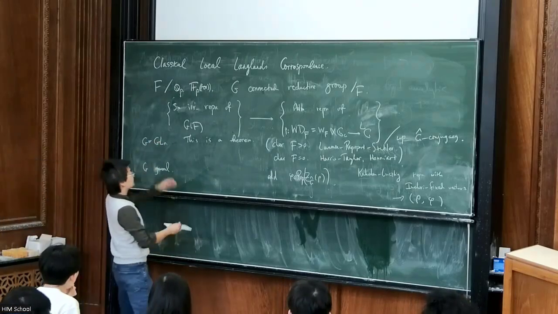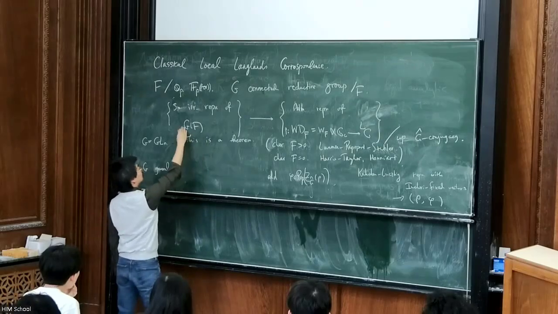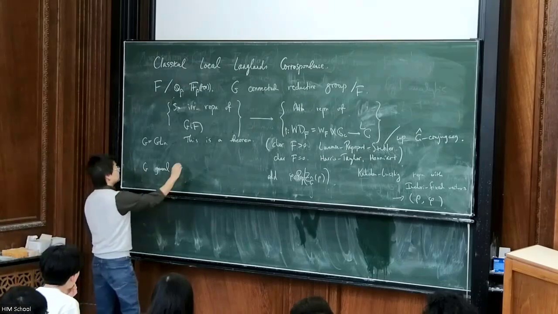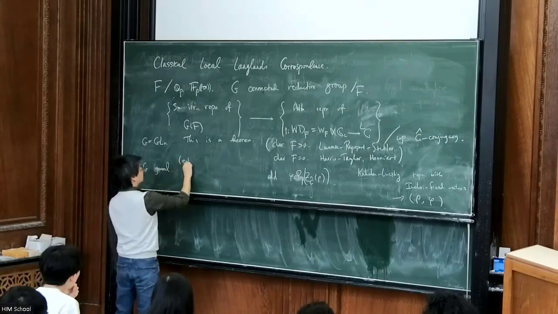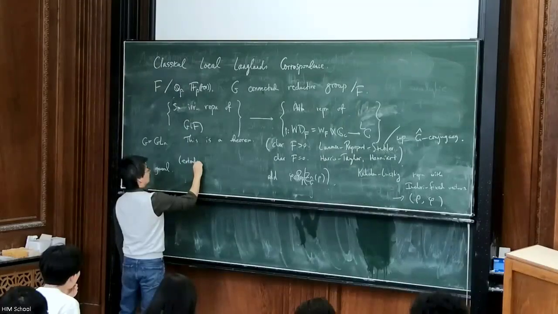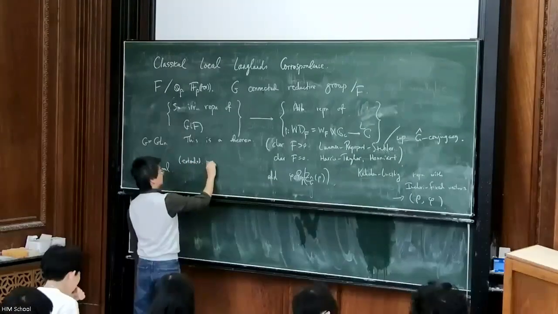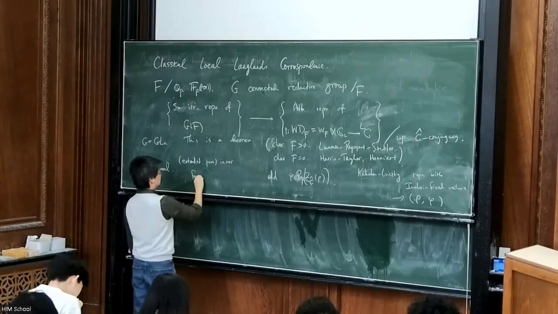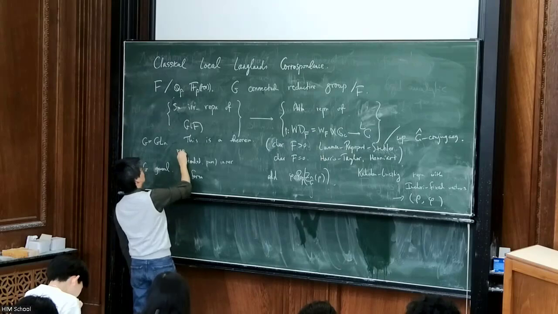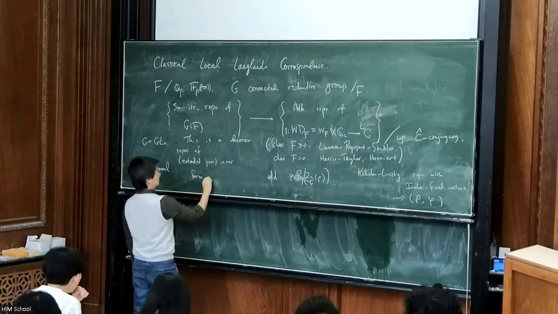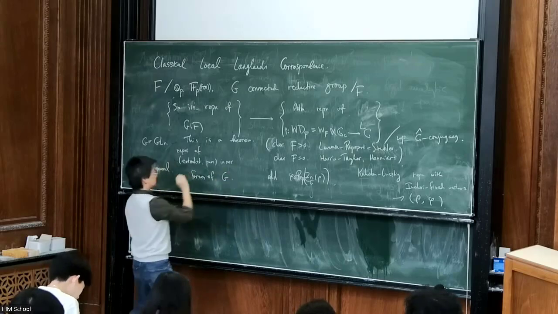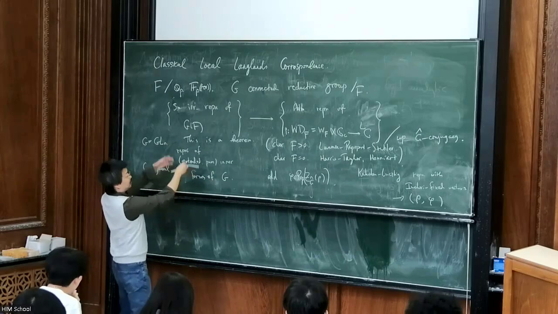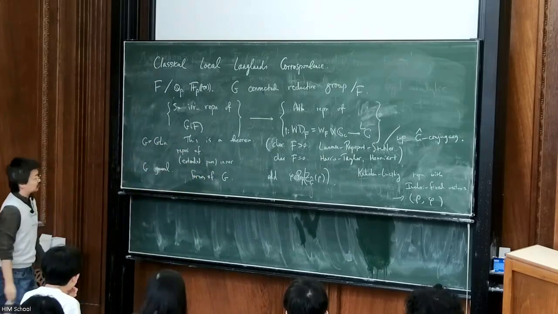Nowadays, people realize that one needs to consider not just a representation of G itself, but several, maybe with a kind of decoration, maybe extended pure inner forms. You need to put all such representations together.